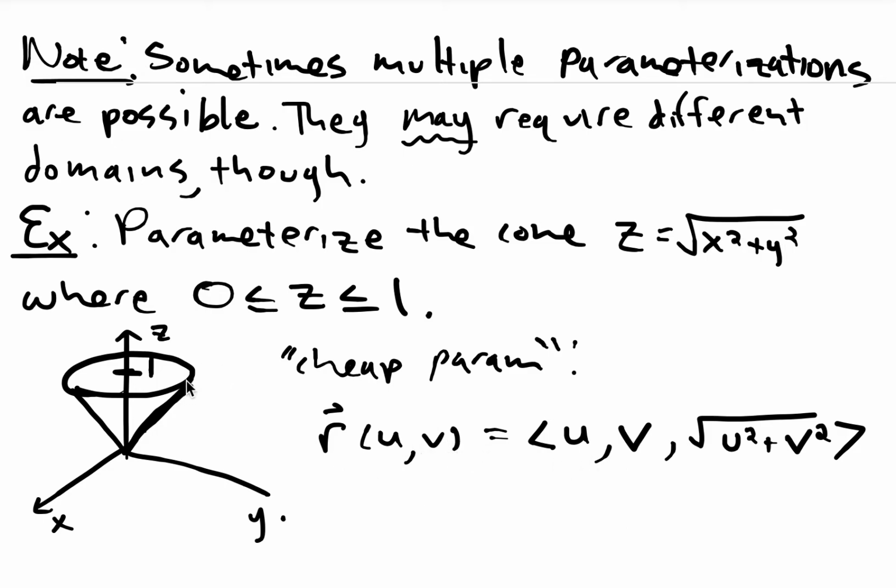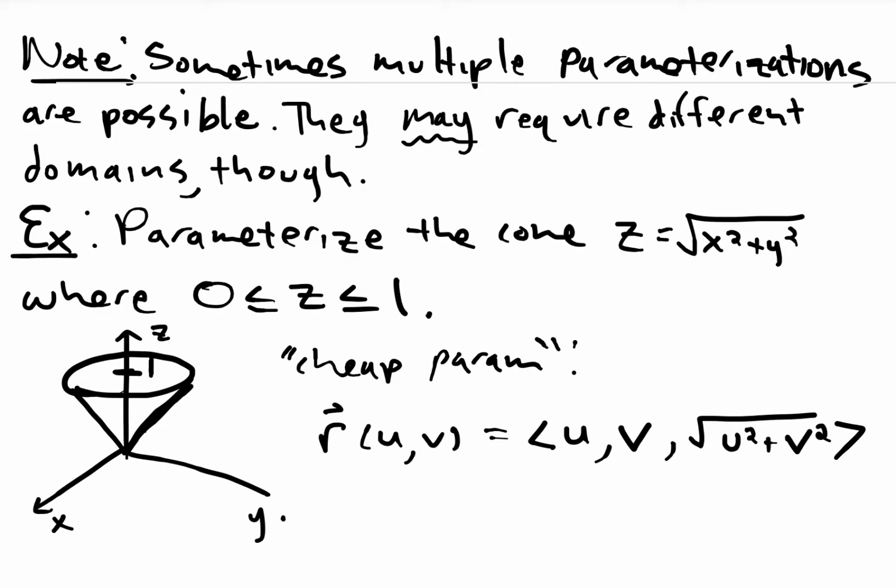I might get something where z is bigger than 1. So I do have to restrict this down a little bit. What are my restrictions on u and v here? Well, my restrictions on u and v are going to be the same as the restrictions on x and y. Hopefully that makes sense because we just substituted those variables out.